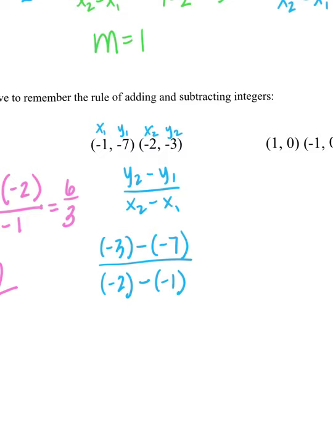Negative 3 minus negative 7, and just use your calculator so you don't get mixed up. But negative 3 minus negative 7 is 4, and negative 2 minus negative 1 is negative 1. So my slope is negative 4. Or if we were to graph it, we could keep it as 4 over negative 1, or even negative 4 over 1.